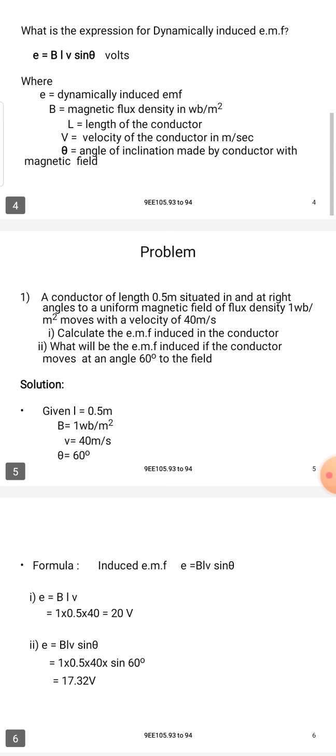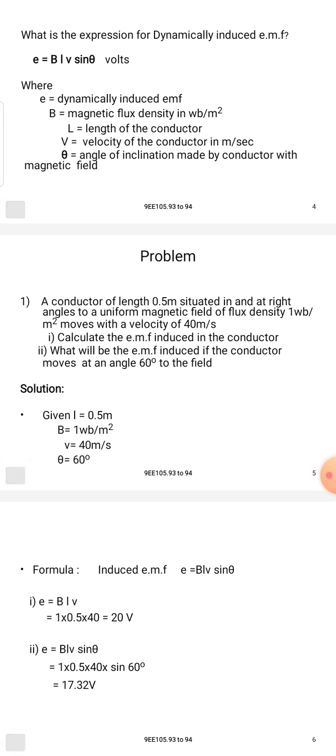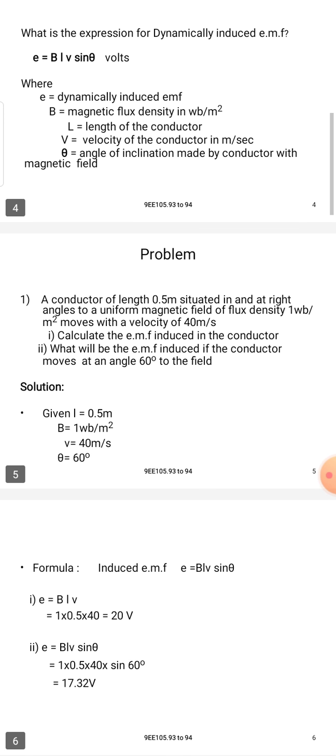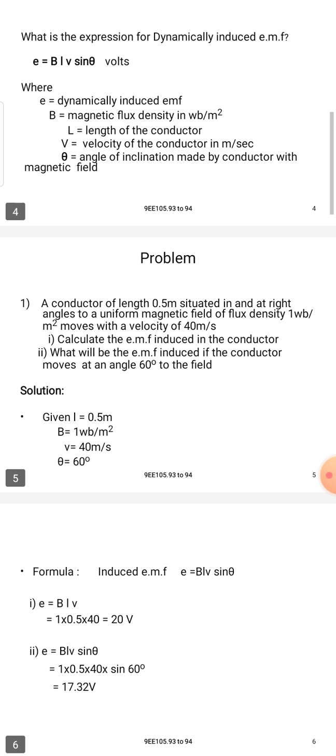The induced EMF is equal to B L V sin theta. E is the symbol for induced EMF, and its unit is volts.